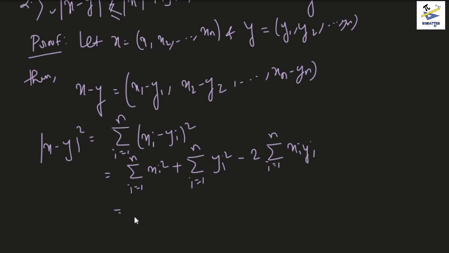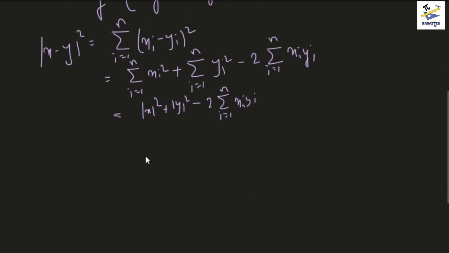So this thing in general tells us that, well, obviously this is mod x square, this is mod y square, and obviously this is minus 2 times the sum of xi yi.